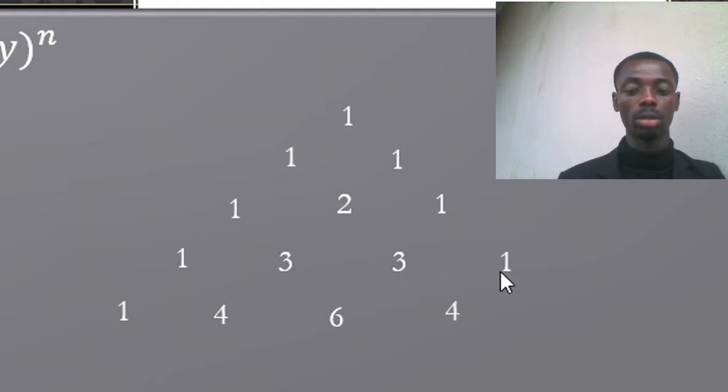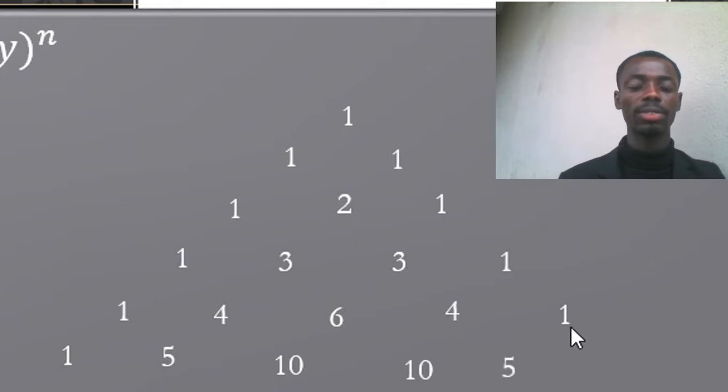You end it with another 1. Now, when n equals 5, this 1 added to 4 is 5. This 4 added to 6 is 10. This 6 added to 4 is another 10. And this 4 added to 1 is 5. Please try and end it with another 1. It's starting with 1, ending with 1.